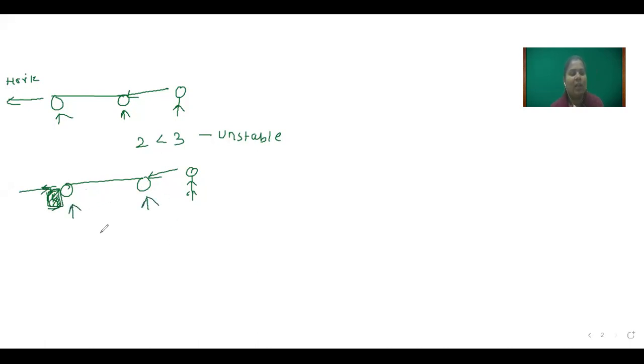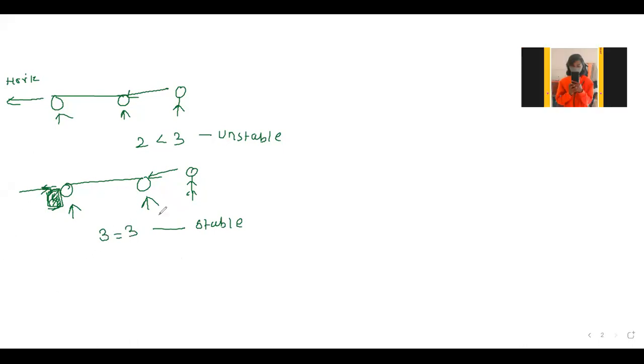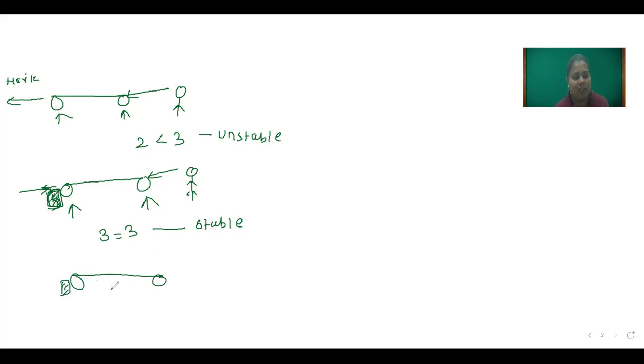So the number of reactions is 3 and the number of equations is 3. So 3 is equal to 3. So this structure is called a stable structure. Now is your doubt clear? Yes, ma'am. We take another example. Suppose I have put obstructions for these 2 wheels.